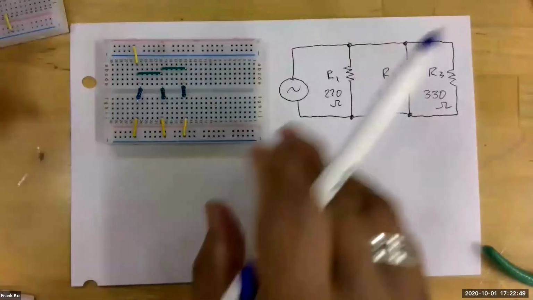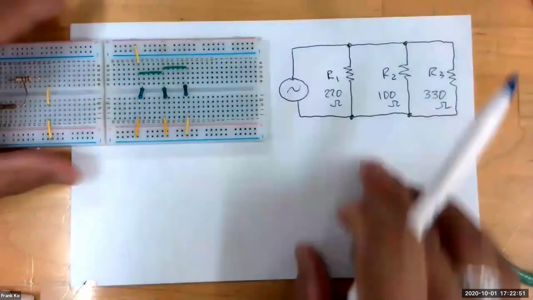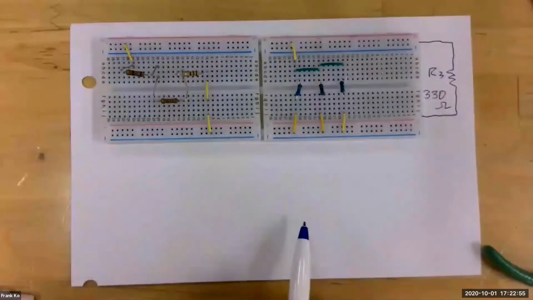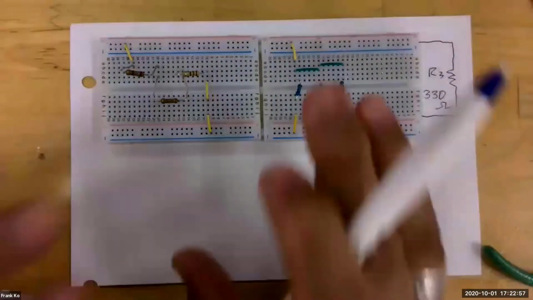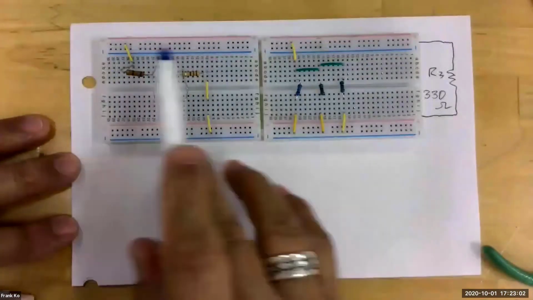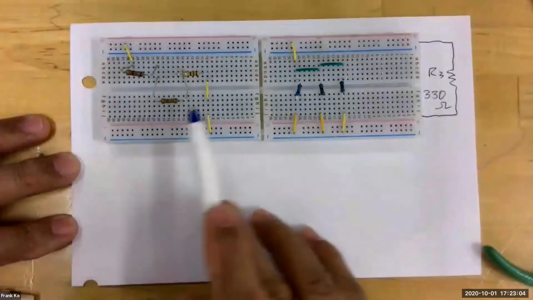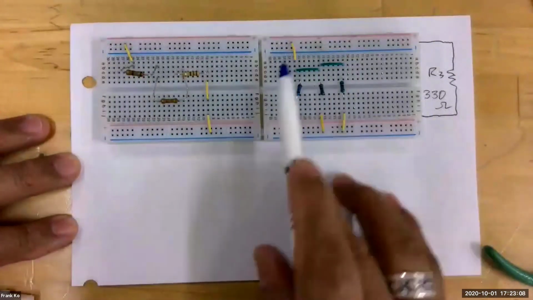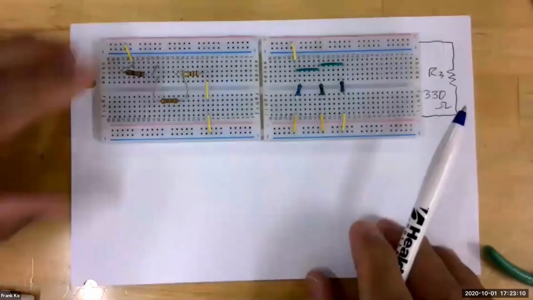All right. And so couldn't you have both of these built into a singular circuit on your long board? Yes. And you want to leave these in place because in one instance, we're going to be measuring voltages and currents on the series circuit. And in the other instance, we're going to do voltage and currents on the parallel circuit.